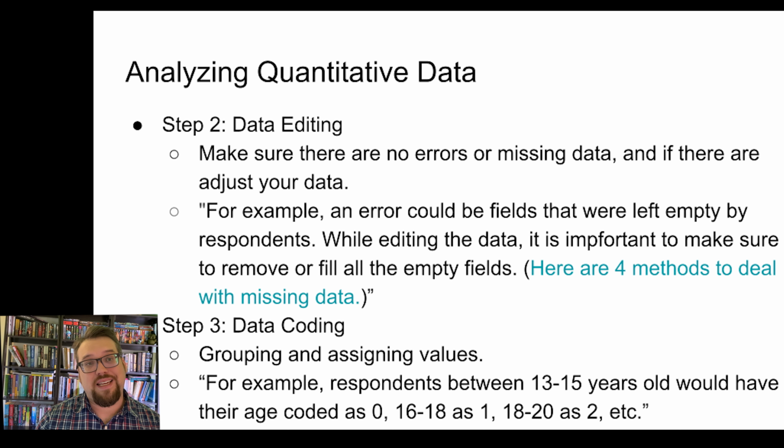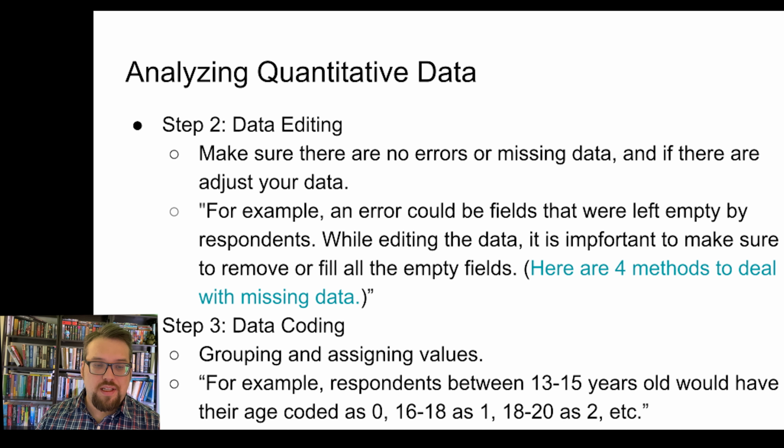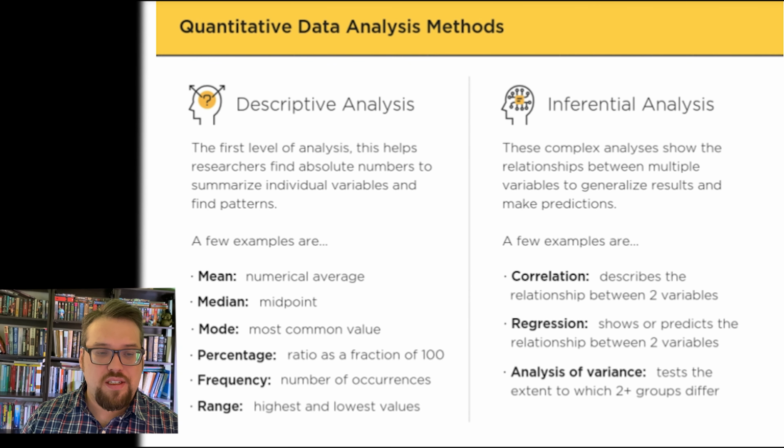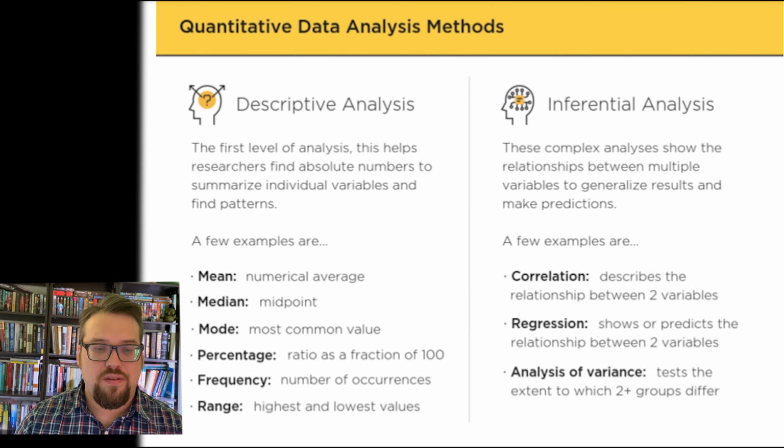So there's a couple of ways that we can start to draw conclusions about data, once we have it in a form that we can do math with. There's this level of analysis called descriptive analysis, and what that lets us do is to deal with individual variables in a more global sense and to start to find patterns.